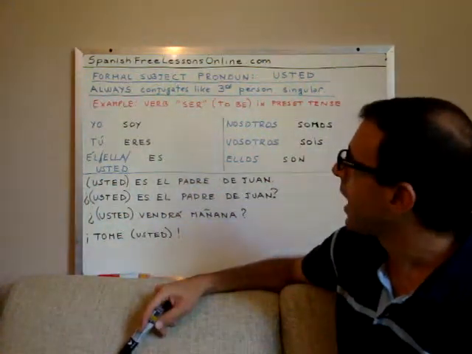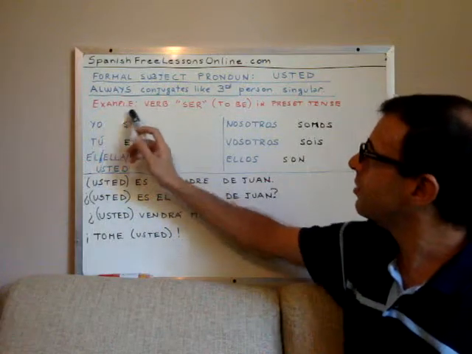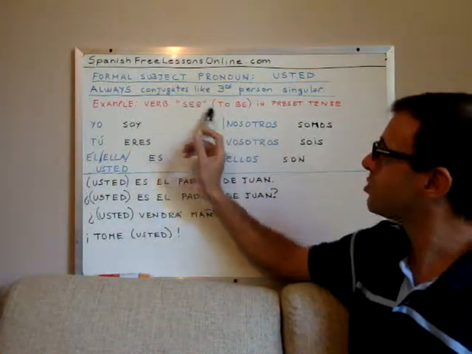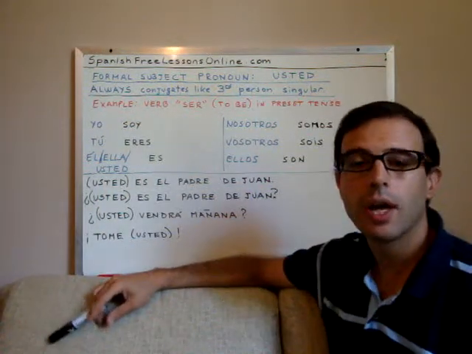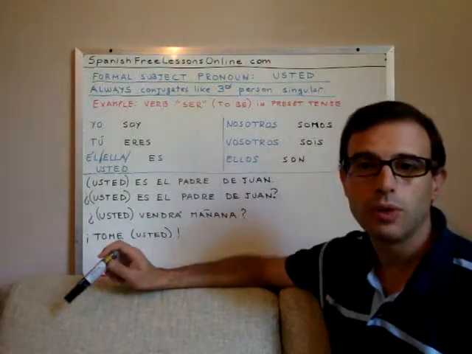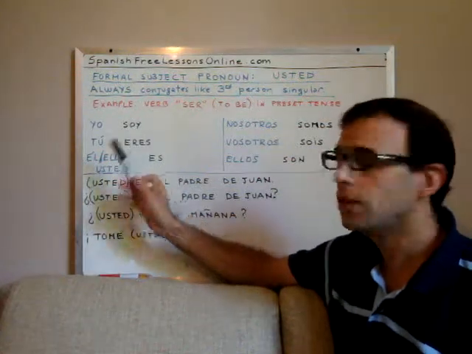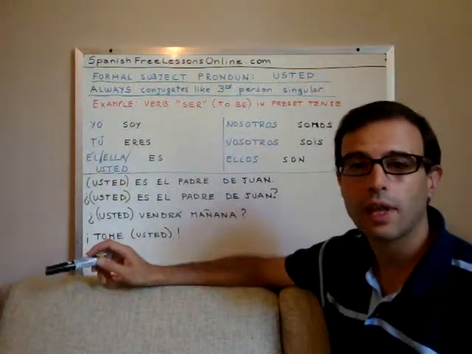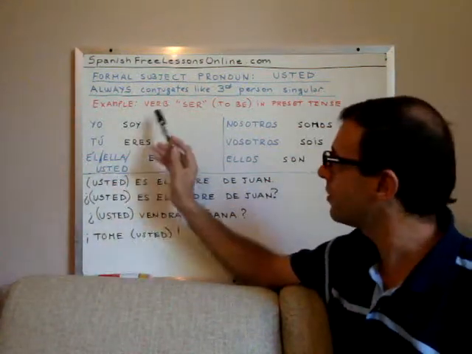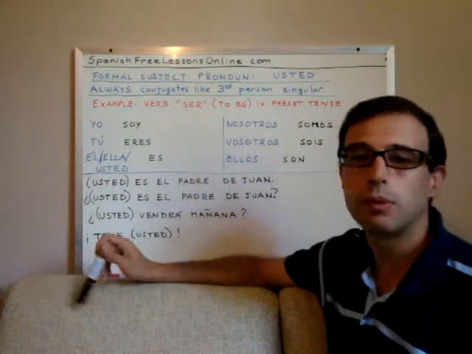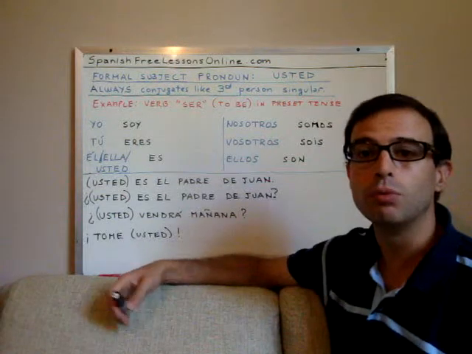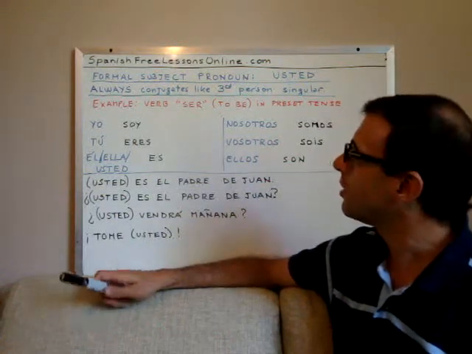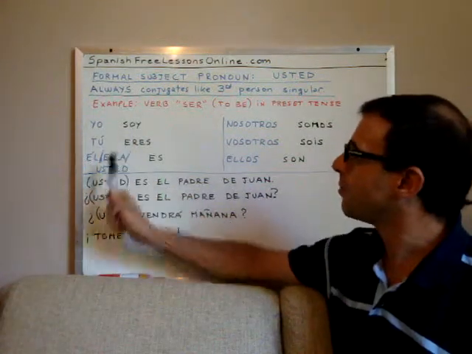So as an example, I used the verb ser to show you the conjugation, okay? The verb ser we have seen before. We have conjugated it in one of our first lessons, but I chose this as an example because it's probably the most important verb in the language. This is the verb to be. So let's begin with I am.